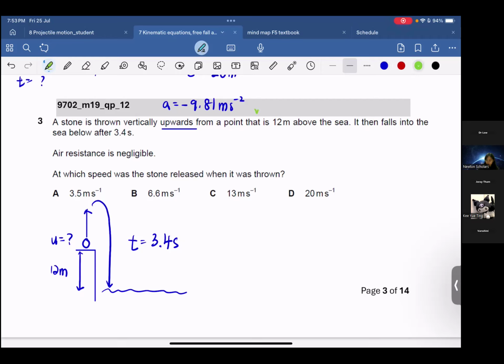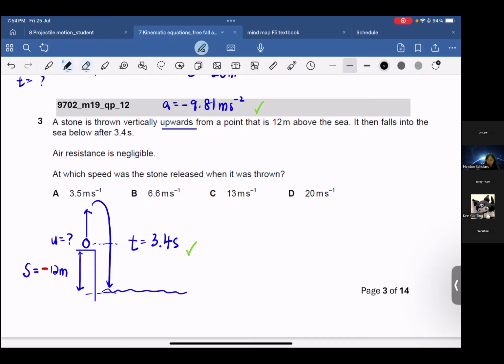And here, we know the S. But this S is the displacement, from starting to ending. Displacement has to consider direction. We throw upward, but at the end, the displacement is pointing downward. So remember, we need to put a negative.